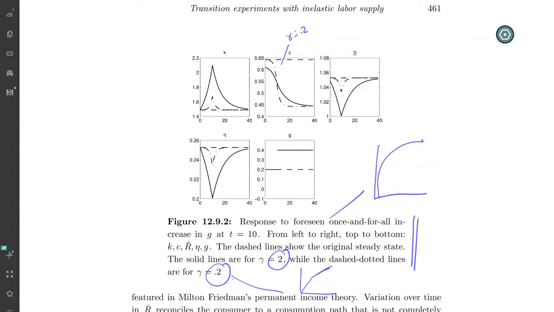These things are all tied together. And what's beautiful about this is we have both the foresight and the transient. These are foresight about things that will happen in the future, and transient responses to being off the steady state.